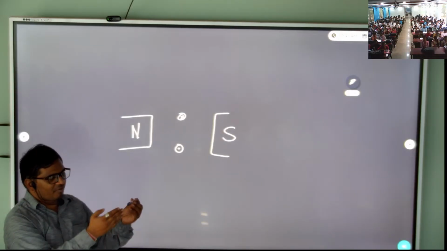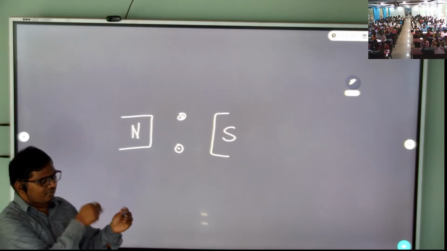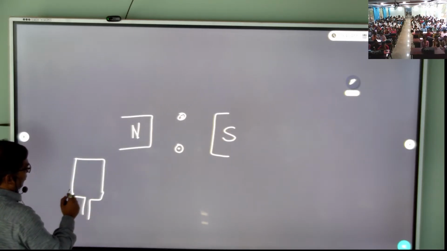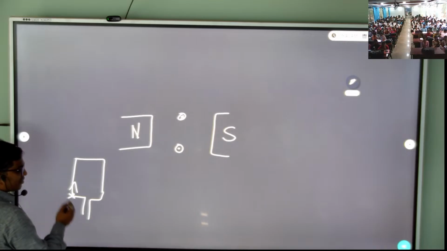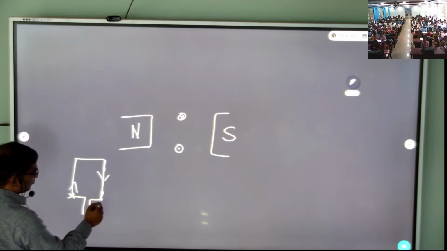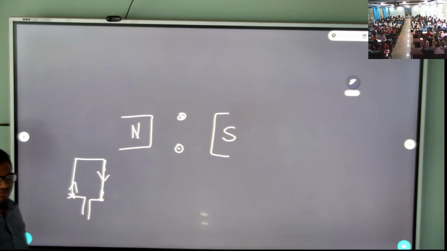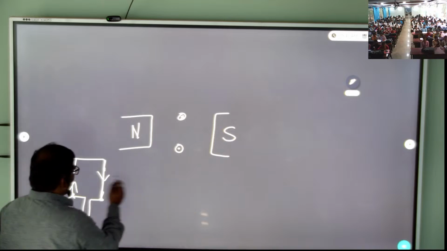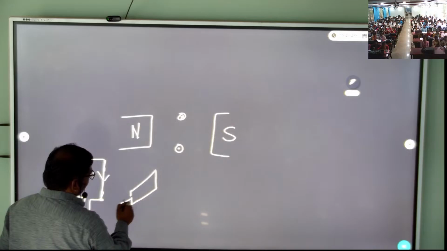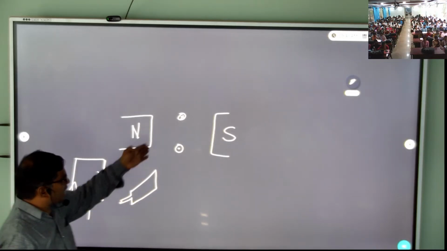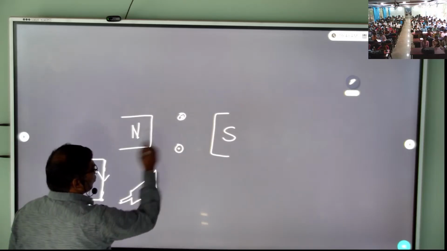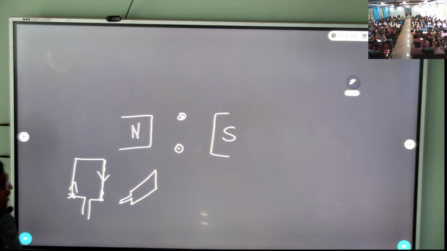So for inward current we give a cross symbol, and for outward we give a dot. Why? Because it looks like this. We are placing it like this. It is a front view, that's why you are able to see only these two.